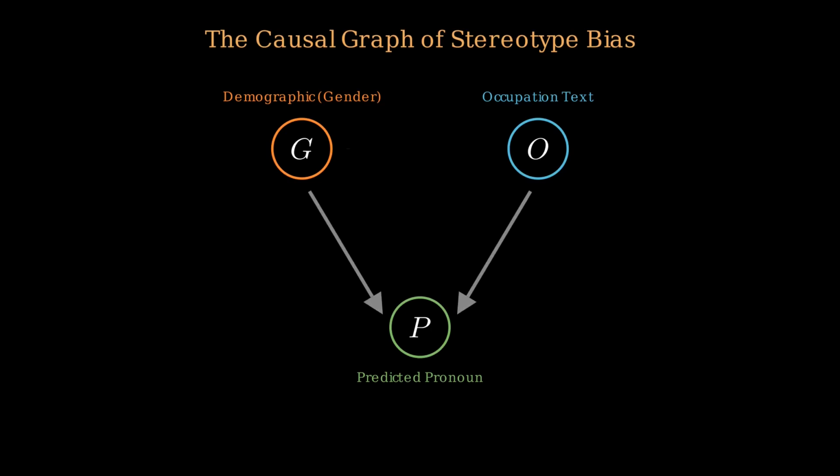In the real world, a person's demographic identity G should causally influence pronouns P, but it shouldn't dictate their career path O. However, historical internet text creates an unprompted causal link from G to O. When a transformer trains on this data, it absorbs the red arrow. It treats occupation text as highly dependent on demographic characteristics, resulting in biased stereotype associations.